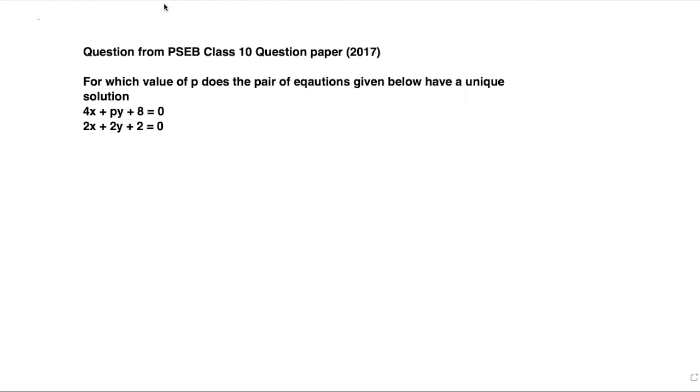Let's see what this equation says. It has two variables, x and y, and some coefficients and constant terms. So we know that the general form of a linear equation is given by a1x plus b1y plus c1 equals 0, and a2x plus b2y plus c2 equals 0.